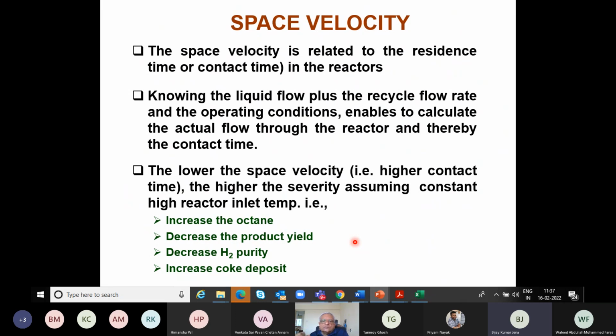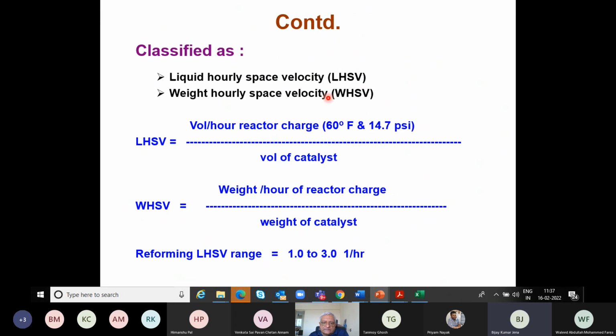And that is the sum total of the liquid flow, that is the naphtha feed flow, which of course gets vaporized in the feed effluent heat exchanger. Naphtha is not in the liquid form when it goes through the reaction. It is all vaporized. Plus, of course, the recycle flow, the recycled hydrogen. So the sum total of these two flows through the catalyst is what is called the space velocity.